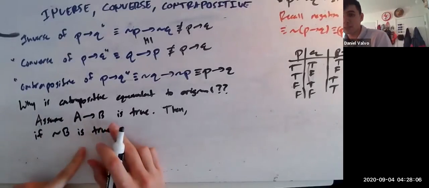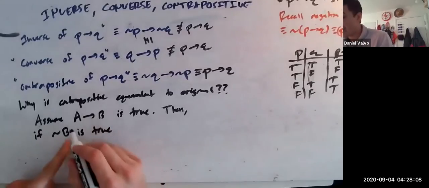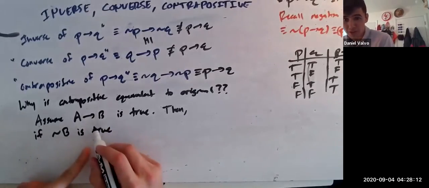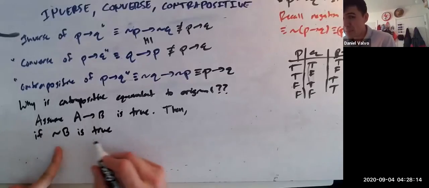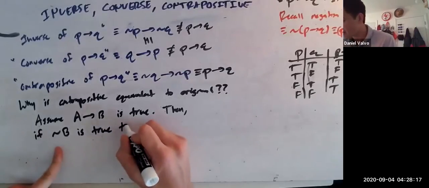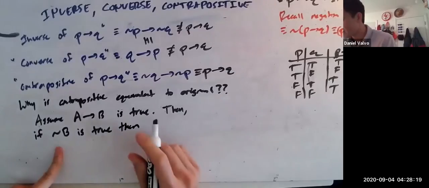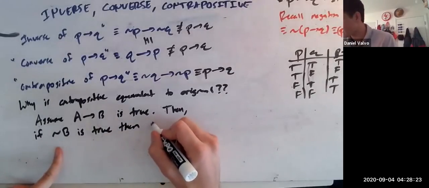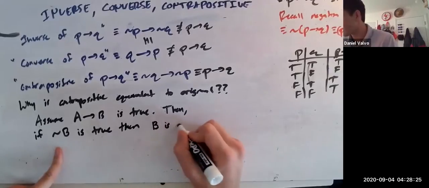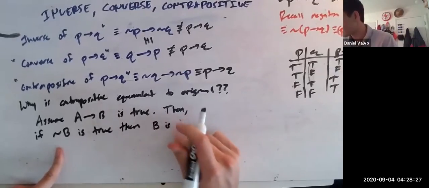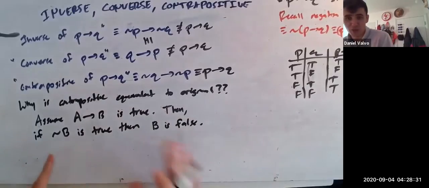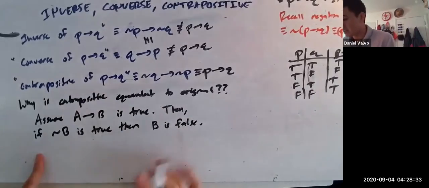So A implies B is true, meaning whenever A is true, B is going to follow. Whenever A is true, B is true. If not B is true, then firstly, B is false. Right? That's just simple.